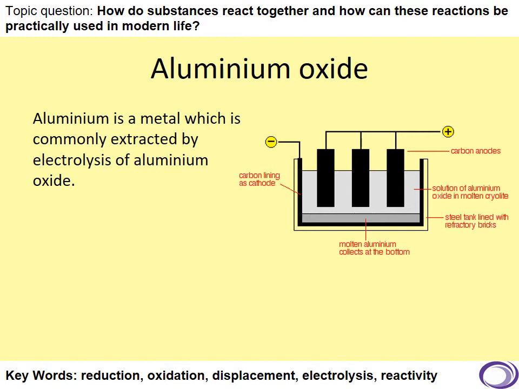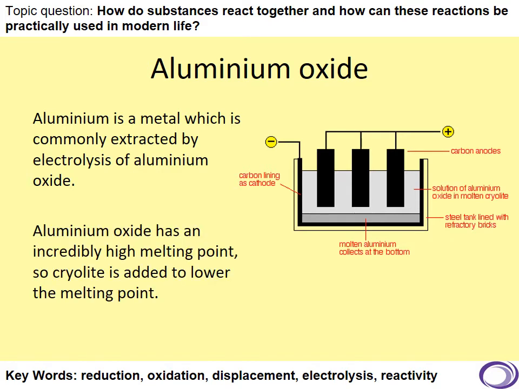So to get it into a liquid form takes a huge amount of energy. And scientists realised that they could decrease the melting point by adding a substance called cryolite. So aluminium oxide is mixed with cryolite and then heated until it becomes a liquid.